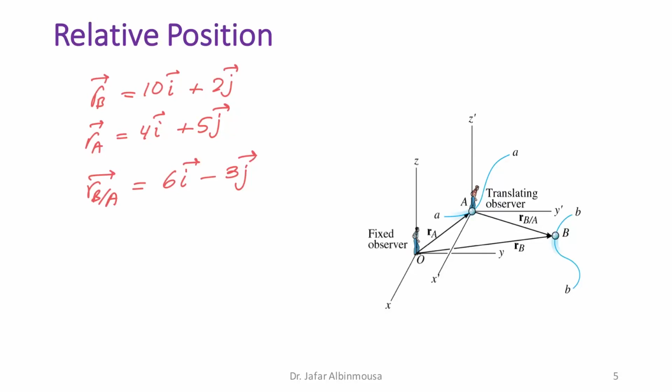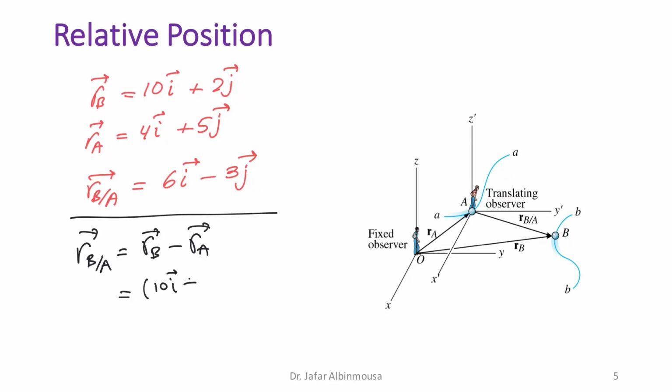How did I get that? We already said that RB with respect to A is equal to RB minus RA. So I have 10i plus 2j minus 4i plus 5j. If I take 10 and subtract 4 from it, I get 6. And if I have 2 and subtract 5 from it, I get minus 3.